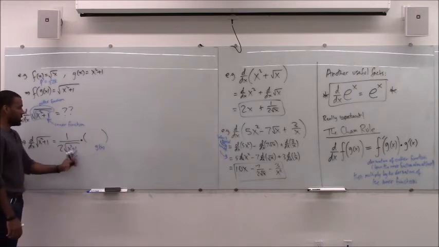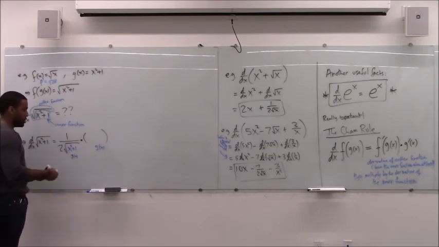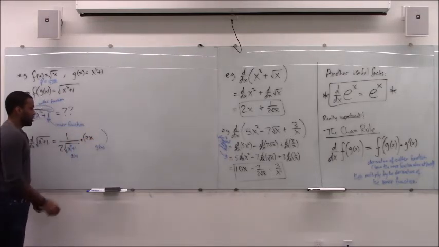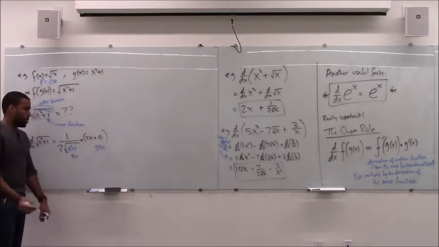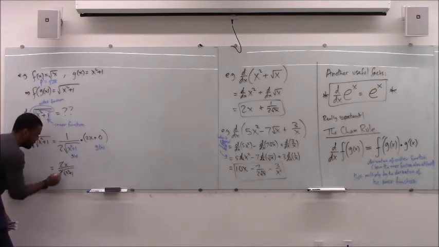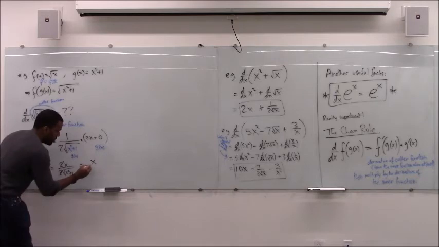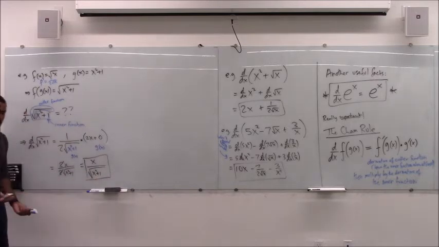So I just differentiate each of these things individually and add them together. Derivative of x squared is 2x. Plus the derivative of 1 is 0. So this becomes 2x over 2 square root of x squared plus 1. The 2's would cancel. So this derivative is x over the square root of x squared plus 1.